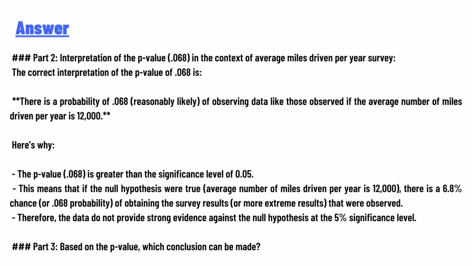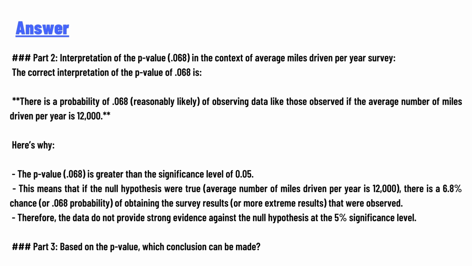Here's why: the p-value is greater than the significance level of 0.05. This means that if the null hypothesis were true, there is a 6.8% chance of obtaining the survey results that were observed. Therefore, the data do not provide strong evidence against the null hypothesis at the 5% significance level.